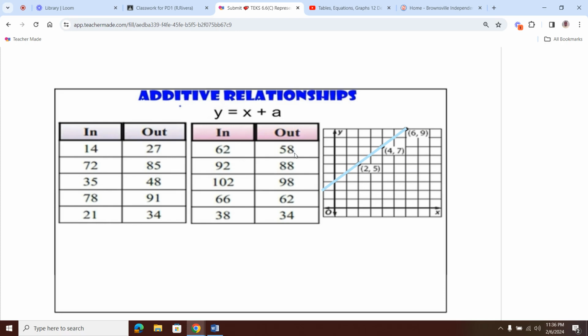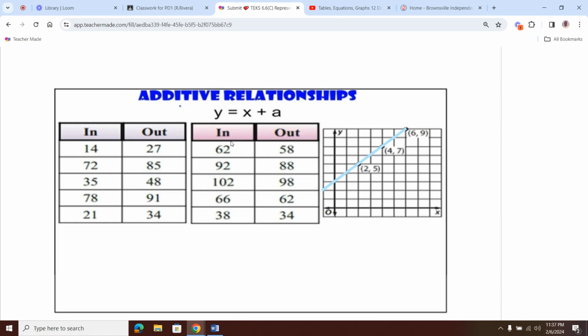This one would be minus. Now again, if I can't figure out minus what, you will subtract them. And you'll figure out, in this case, it's minus 4. 62 minus 4, 58. 92 minus 4, 80. 102 minus 4, 98. 66 minus 4, 62. 38 minus 4, 34.